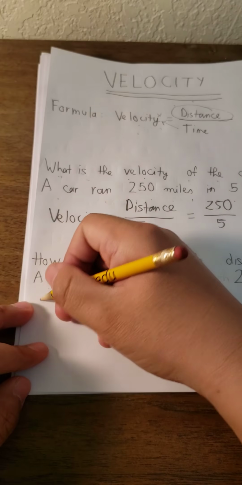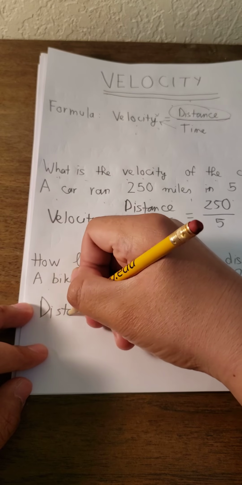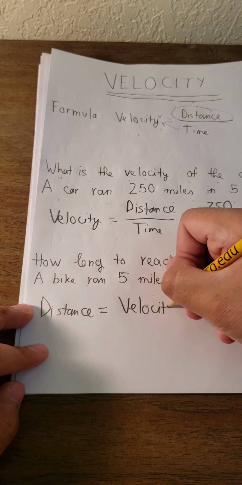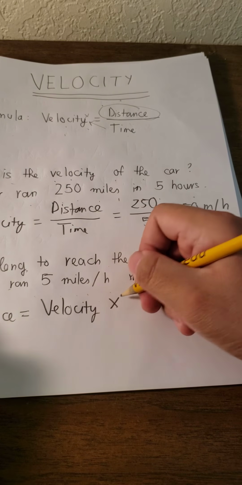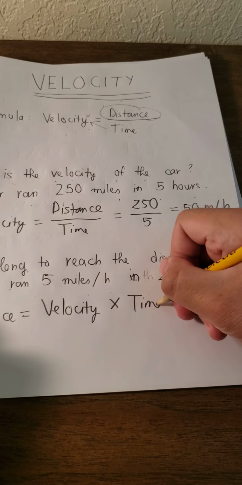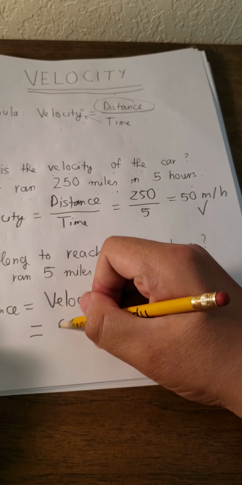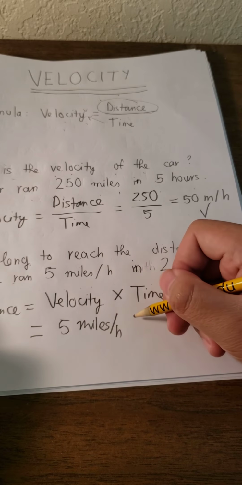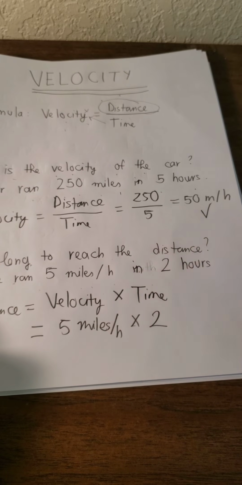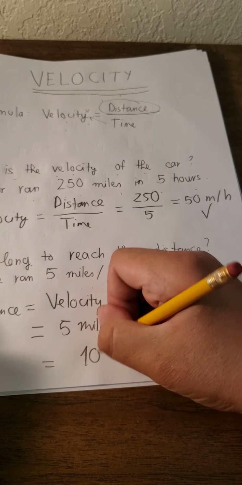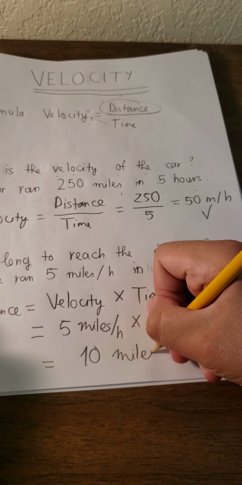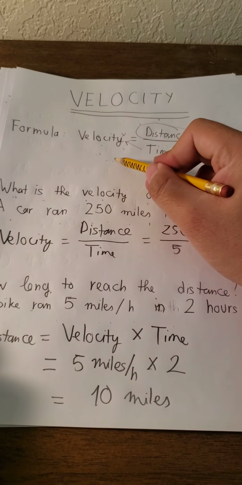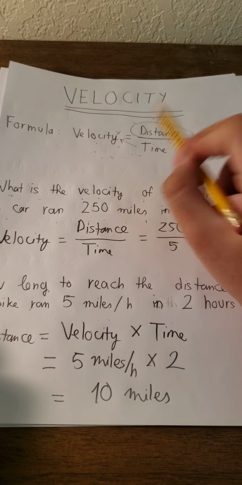So the distance equals velocity multiplied by time. So we have 5 miles per hour times 2. So the distance is 10 miles. That's why we need to memorize this formula, because it's on the test.